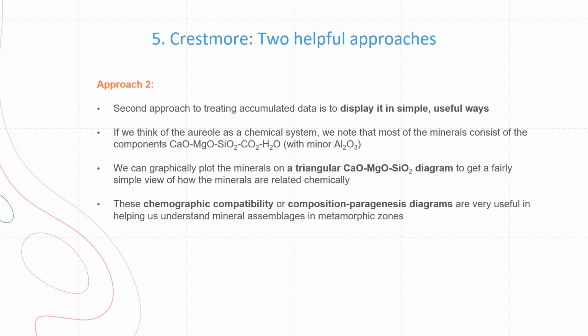So we can graphically plot the minerals on a triangular CaO, MgO, SiO2 diagram to get a fairly simple view of how these minerals are related chemically. These are called chemographic compatibility or composition paragenesis diagrams, and they're very useful in helping us to understand the mineral assemblages in metamorphic zones.